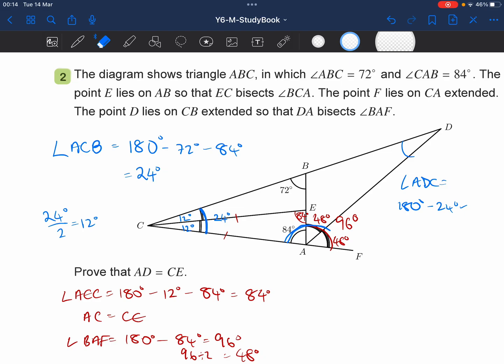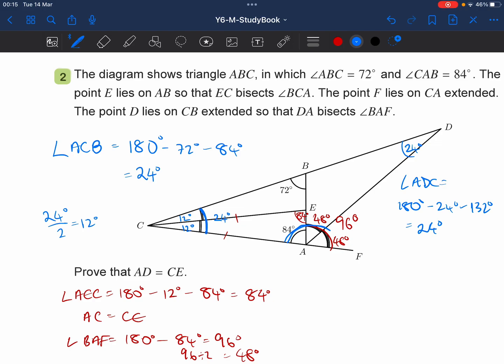Then 156 from 180 is 24 degrees. So this is 24 degrees, and so is angle BCA.